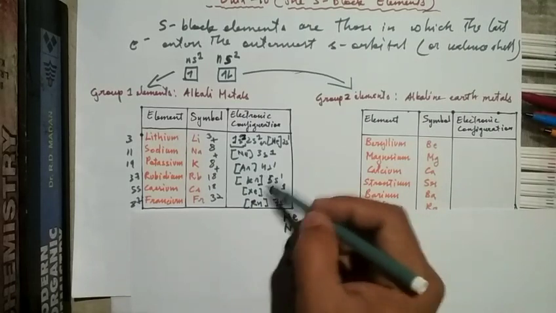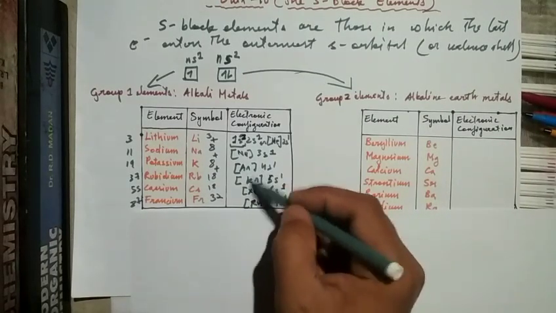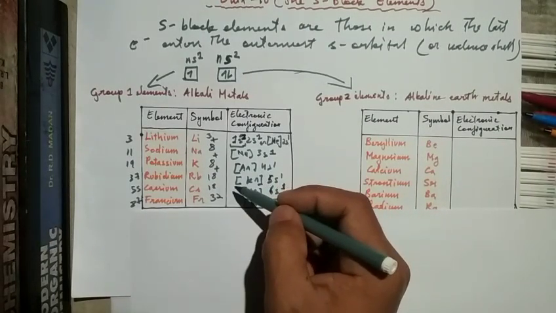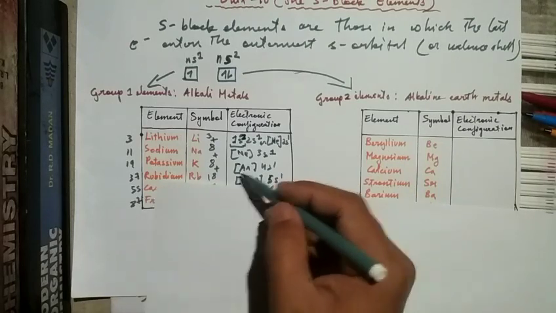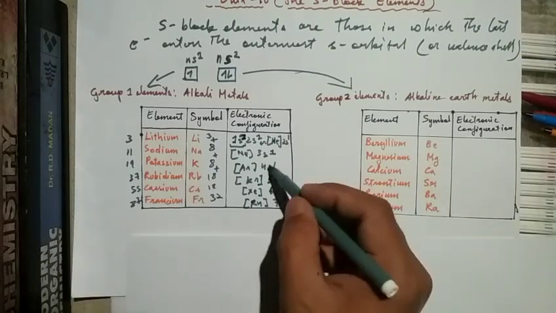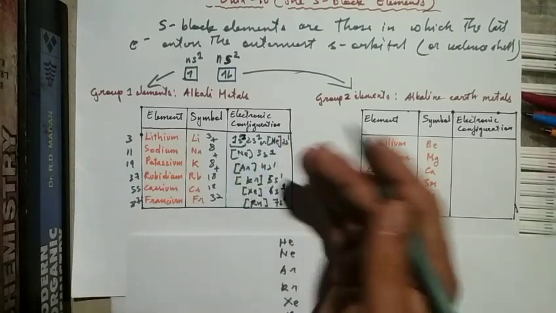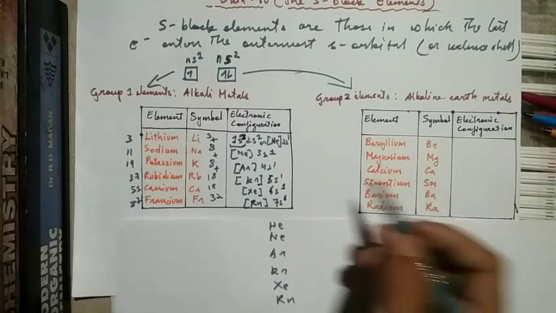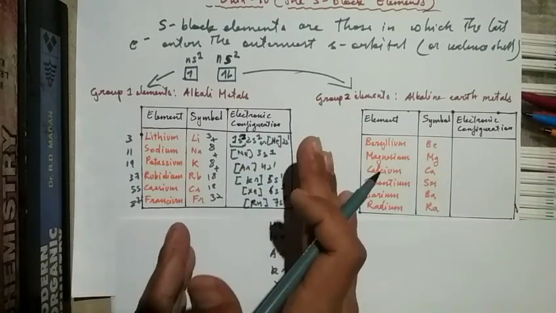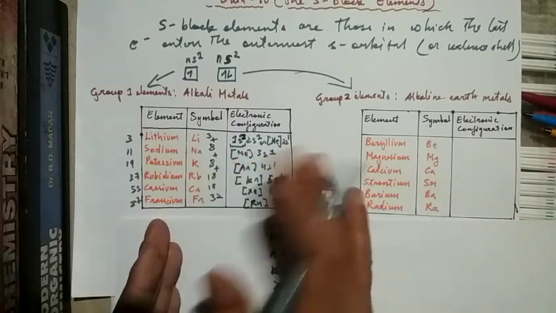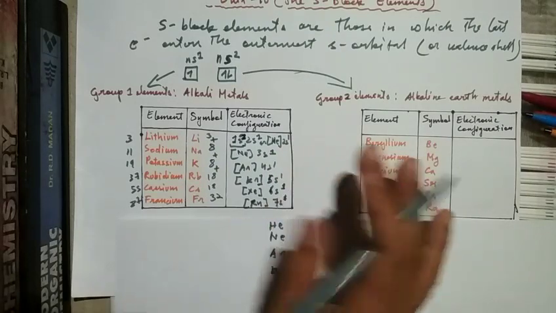This is the shortcut form. Either way you can write the long form also, no problem with that. You write the shortcut form in order to save time. Either way you write, long form or short form, it depends on you.